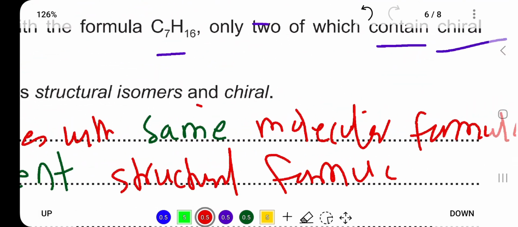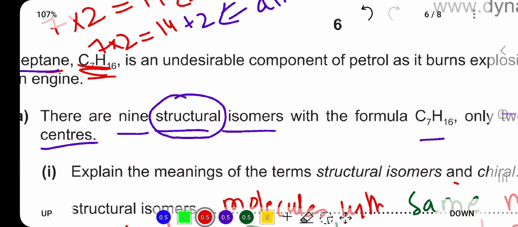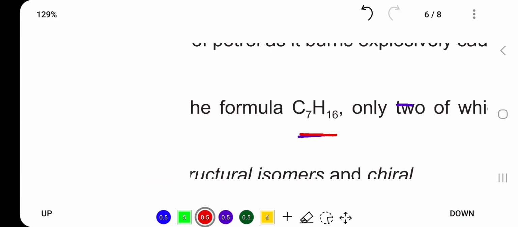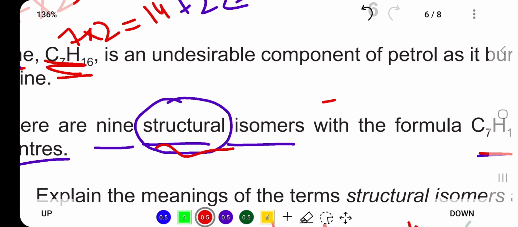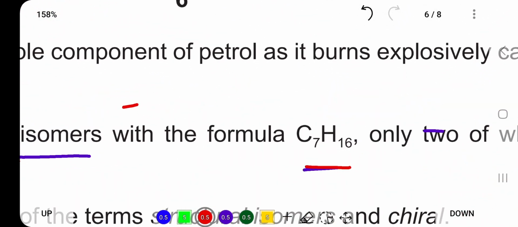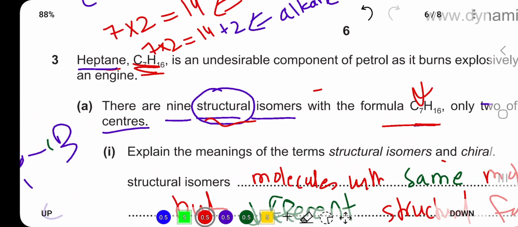What do I mean? They have the same molecular formula, C7H16, so there are different structural isomers. That's why we said different structural formula with the same molecular formula. That's exactly what they proved in this sentence.